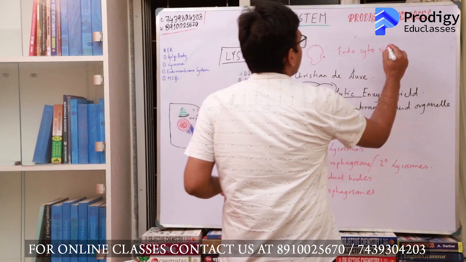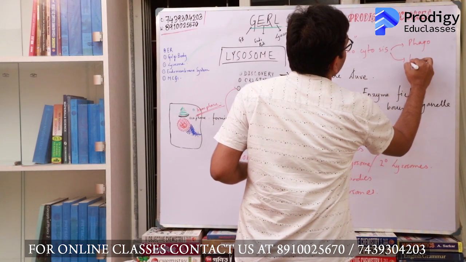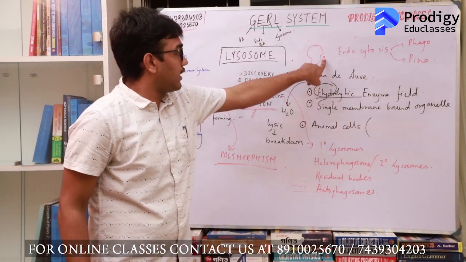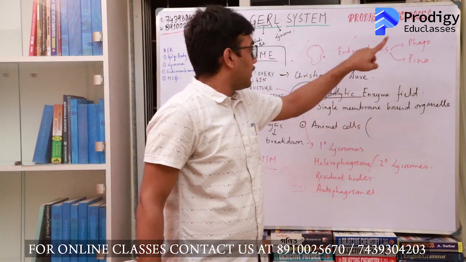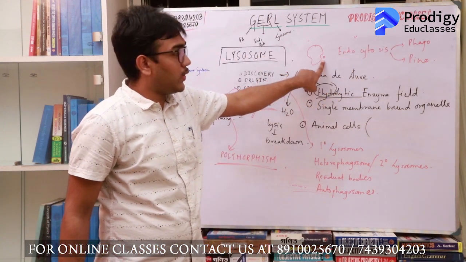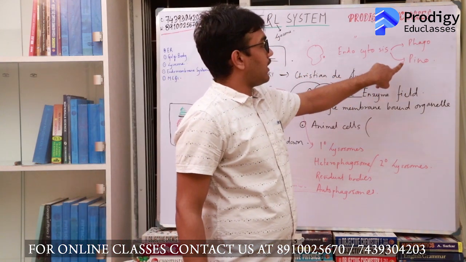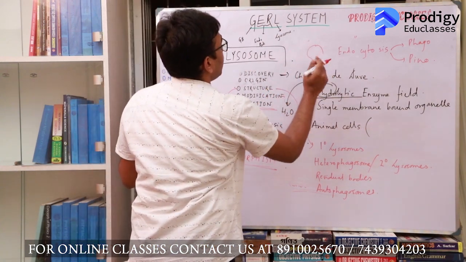Now this endocytosis can be of two types. It may be phagocytosis, it may be pinocytosis. If this engulfed substance is a solid, then we'll call it phagocytosis. And if this engulfed substance is a liquid, then we'll call it pinocytosis, also known as cell eating and cell drinking.